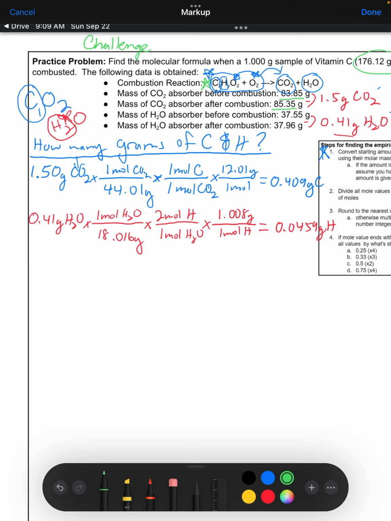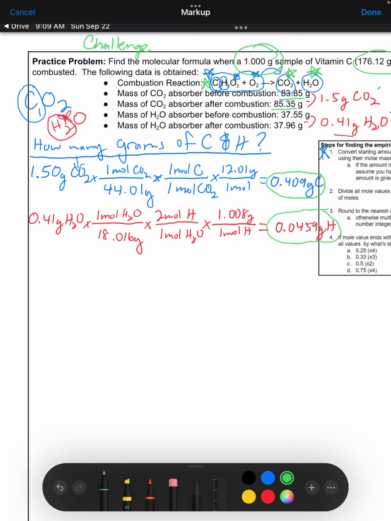I haven't yet figured out oxygen, but we know that both of these values, despite the fact that we calculated them from carbon dioxide and water, because of the law of conservation of mass, came from my 1 gram sample of vitamin C.